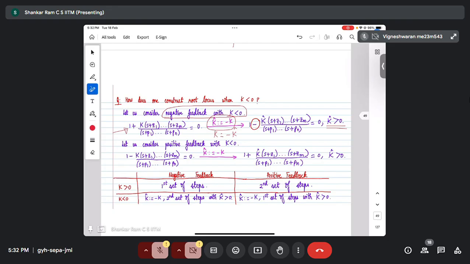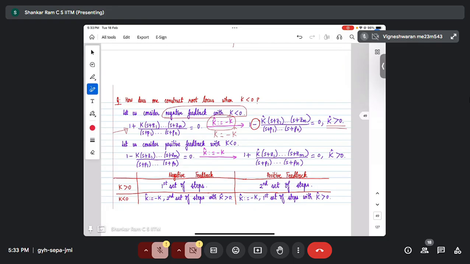So we follow the steps that we learned today for positive feedback with positive K hat, construct the root locus, and that is the root locus we obtain for negative feedback with negative K. I hope this subtle but powerful variable change is clear to all of us.